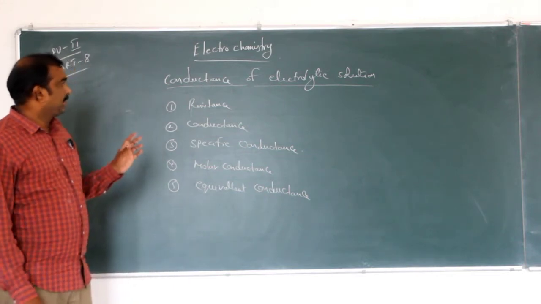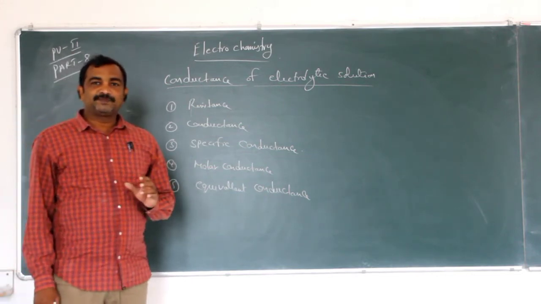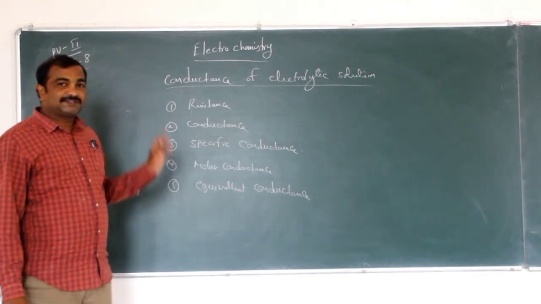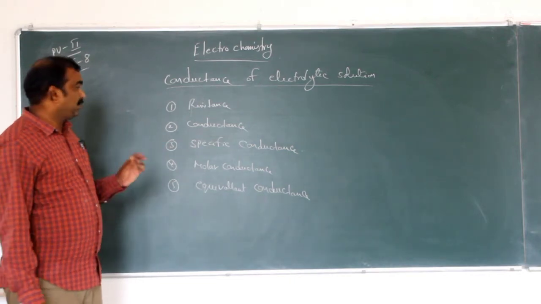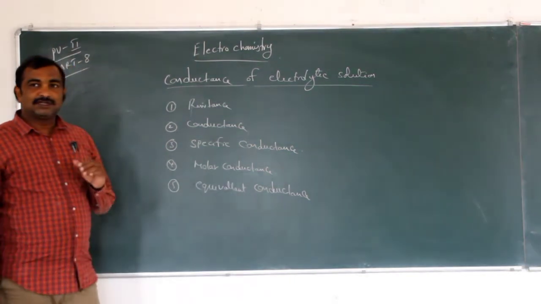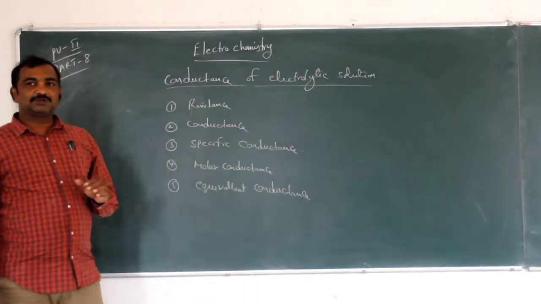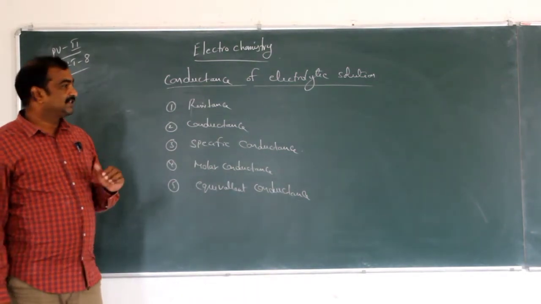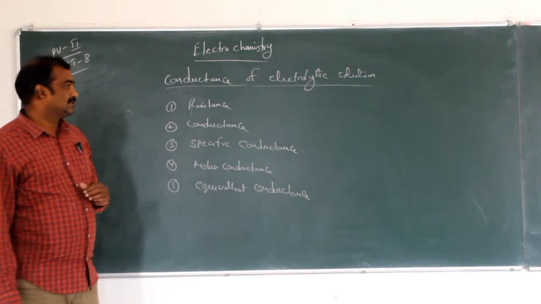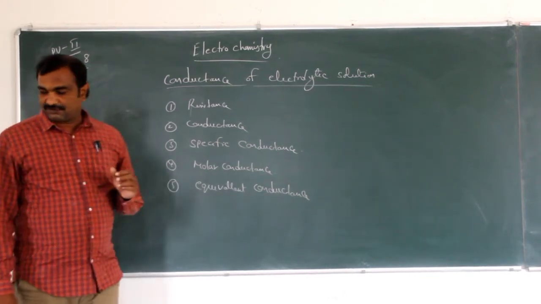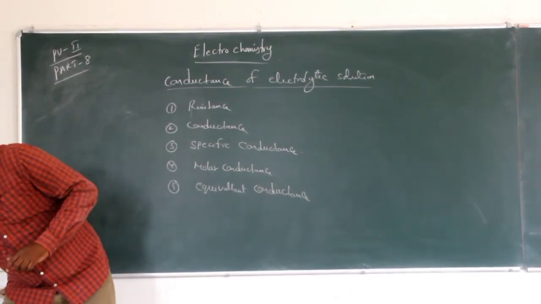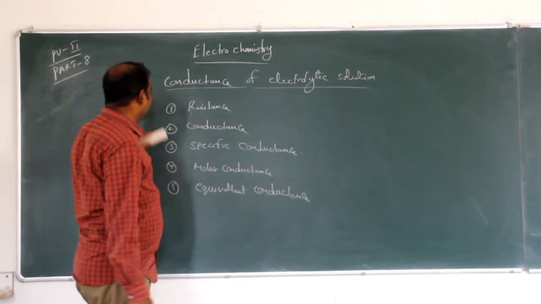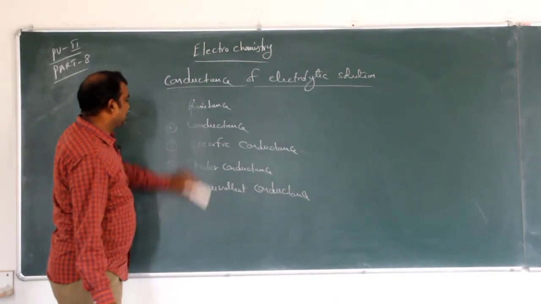These 5 terms are very, very important, and are useful for objective purposes and also for competitive purposes, that is NEET and CET classes also. So now, the first one among these is resistance.